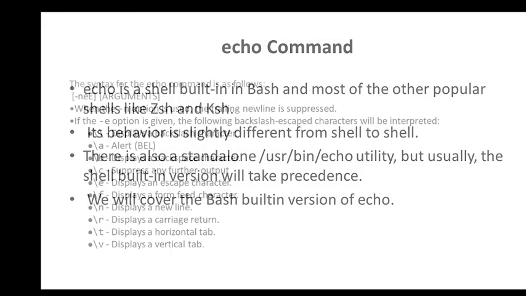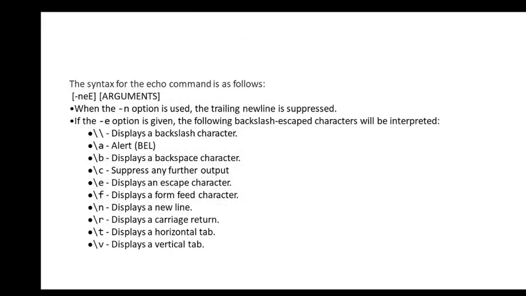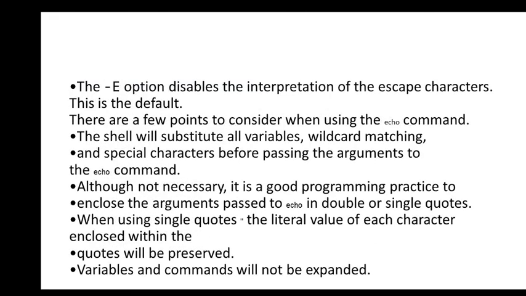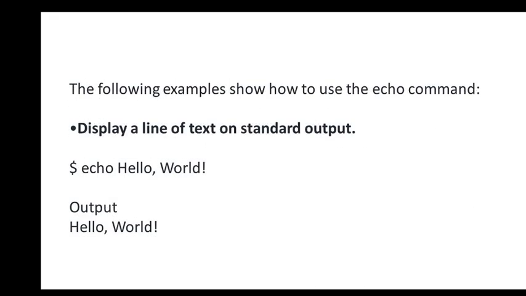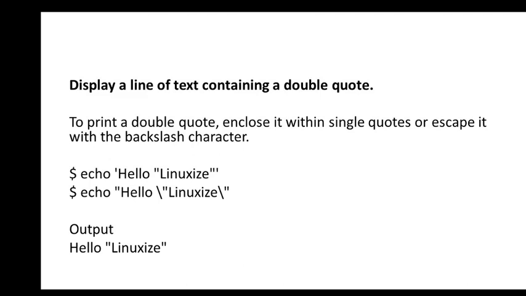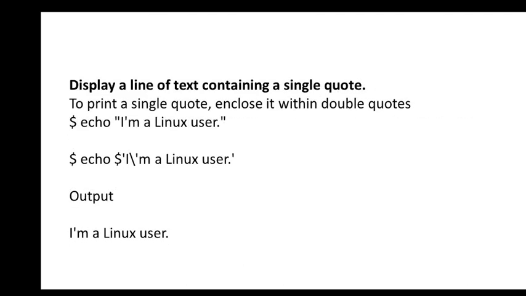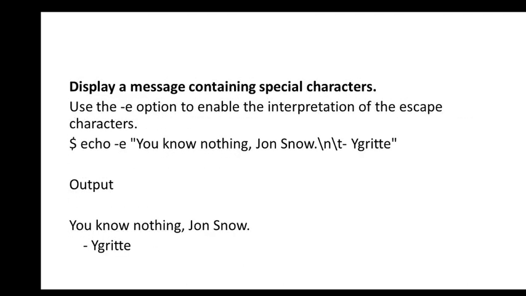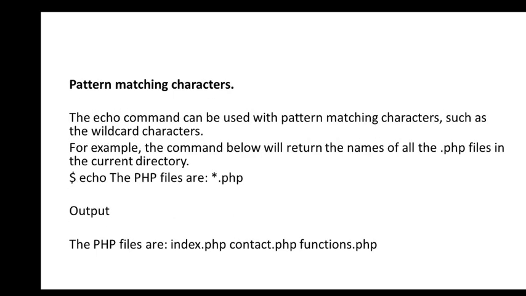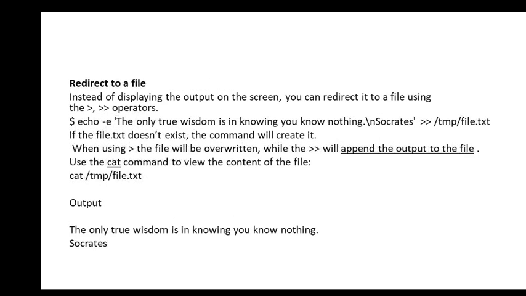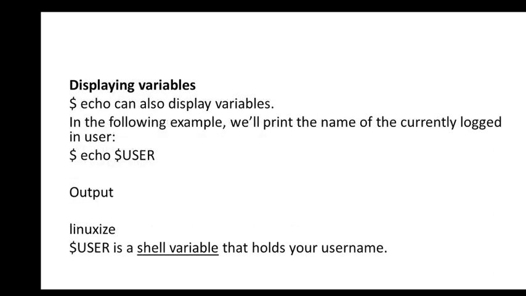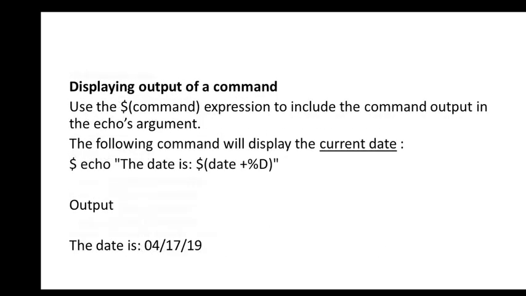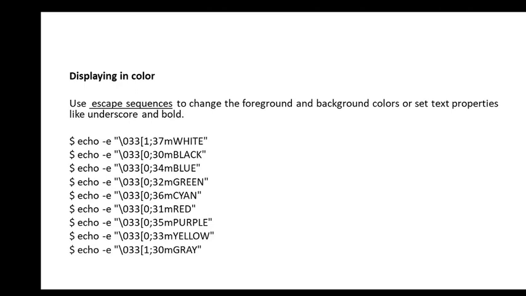We also covered the echo command: what it is, why and where it is used, its syntax and options, and examples to display a line of text on standard output, a line of text containing a double quote, single quote, special characters and pattern matching characters, redirecting to a file, displaying variables, displaying the output of a command, and displaying in color. This is about this session. Thank you.